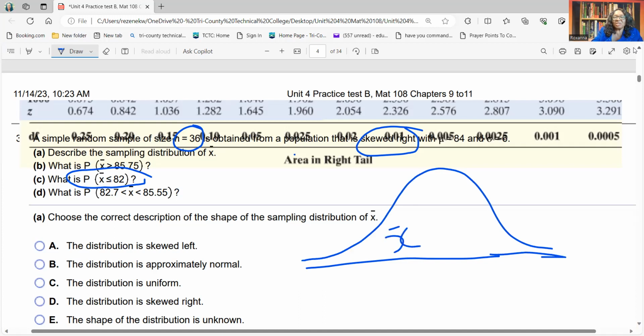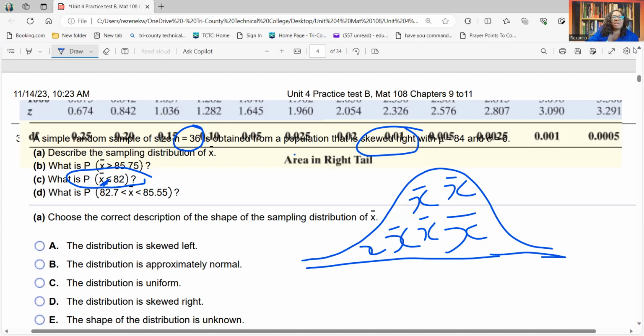I usually draw this because they're asking you what is the probability that a random variable called X bar. So this question is on the central limit theorem. I told you it's already in the exam. You cannot mistake it for an ordinary normal distribution.